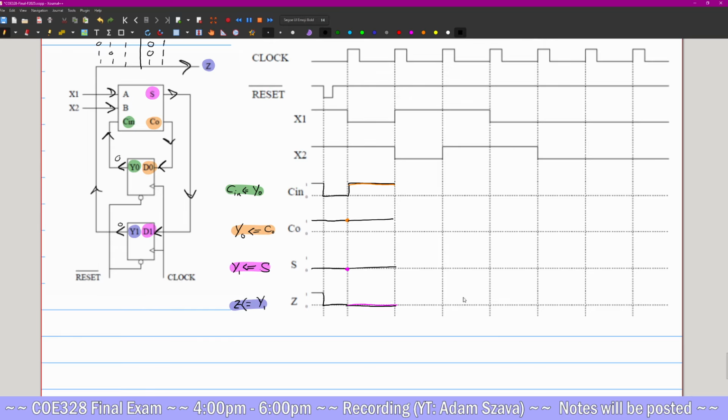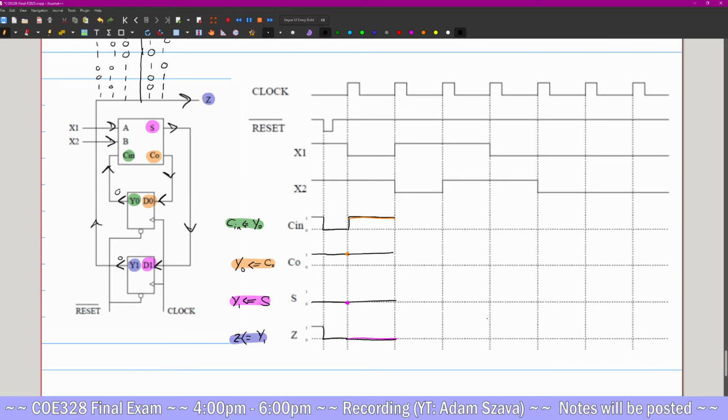Right? And again, on the state transition, the same thing is going to happen now. The value here is going to transition into what's here in the next clock. So on the clock, C in becomes whatever Y0 was.